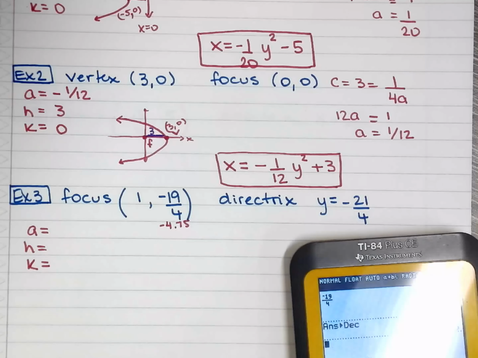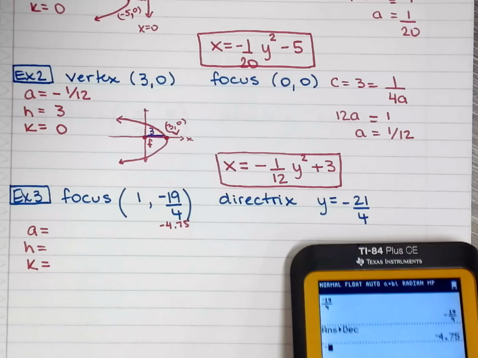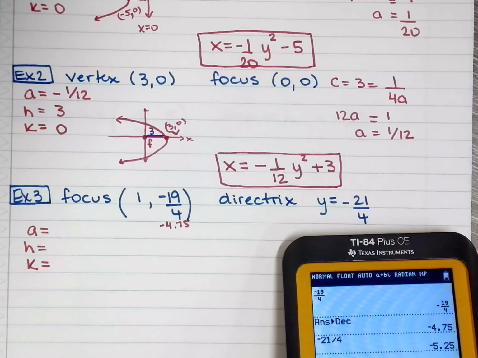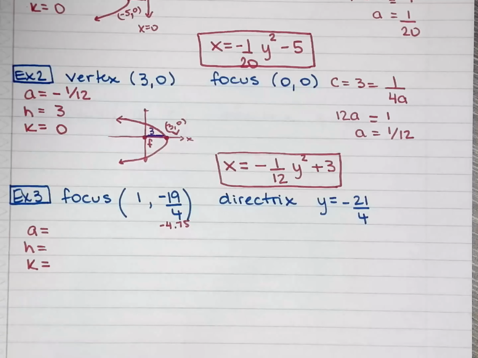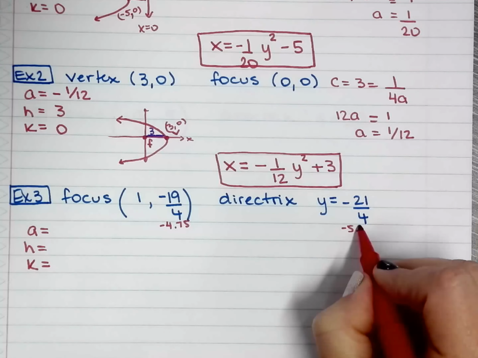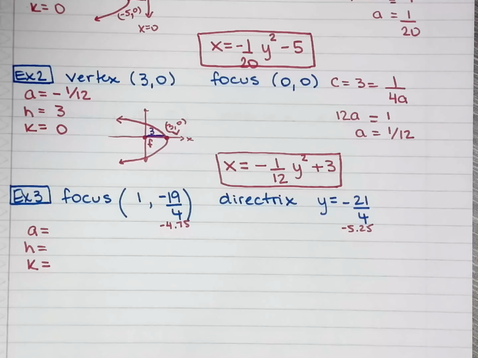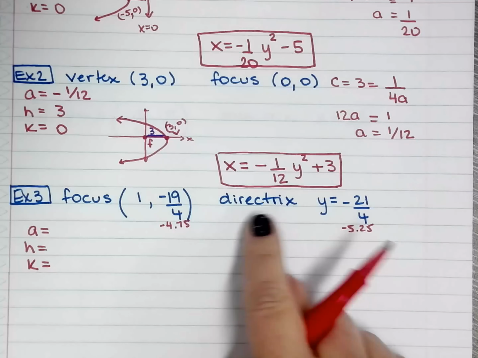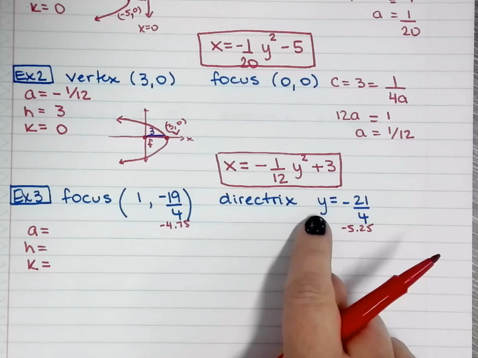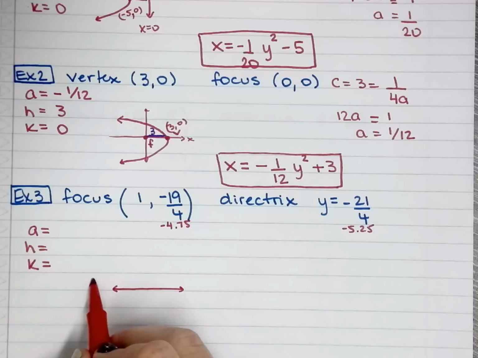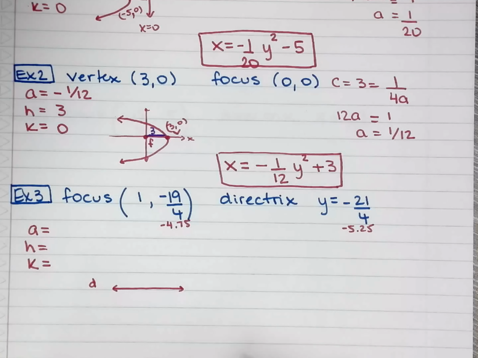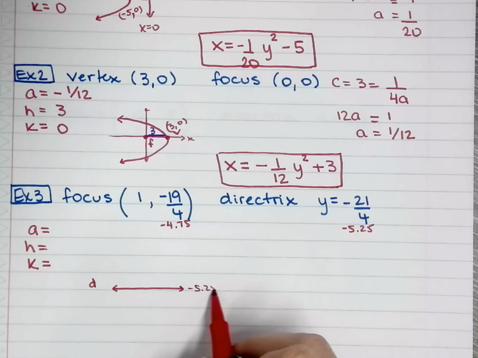Now I'm going to do the same thing for the directrix. So the directrix is negative 5.25. Okay, negative 5.25. Okay, that makes me feel better. Directrix is a line, a horizontal line going side to side. Boom, right there. That's my directrix at negative 5.25.